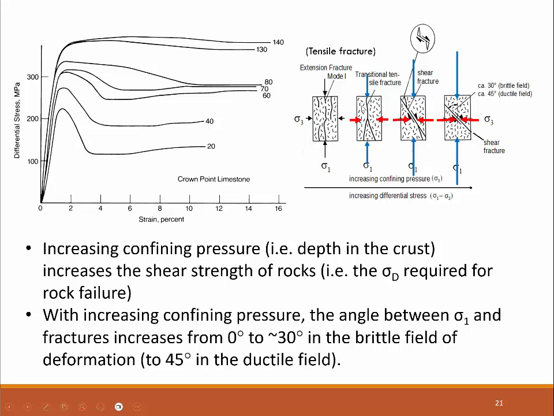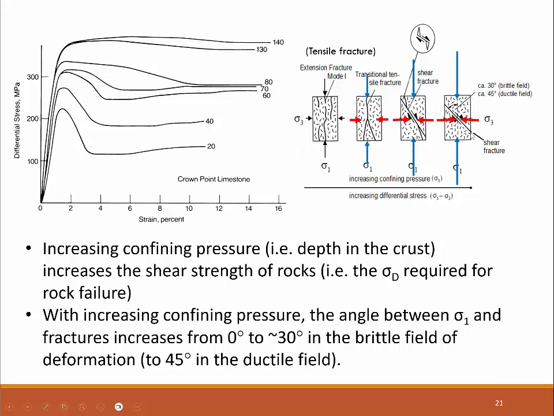With increasing confining stress, the fractures become increasingly oblique to sigma 1, and in transitional tensile failure conditions they have a component of tensile opening and of lateral shearing, but with higher and higher confining stress we will find fractures that only slide the rock fragments past each other without any component of tensile opening.